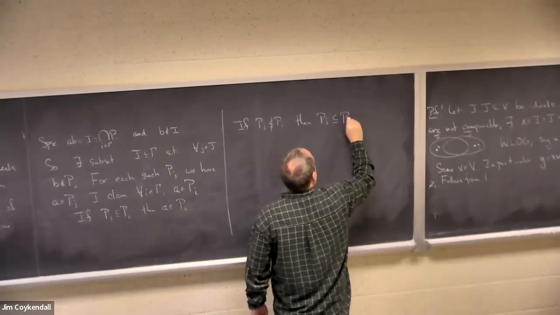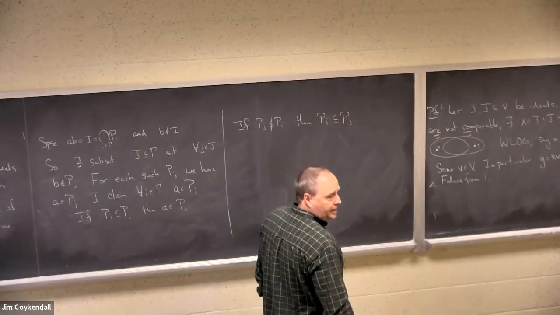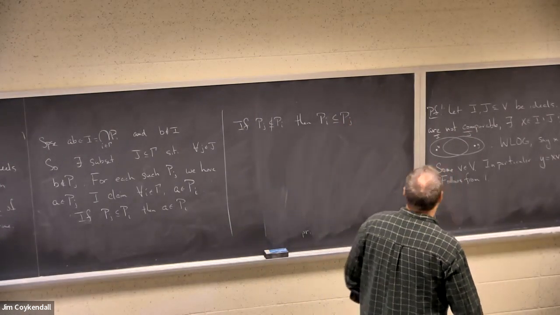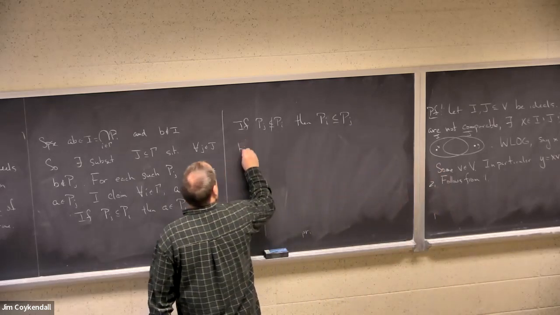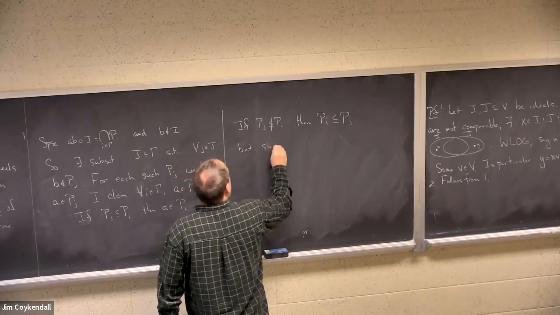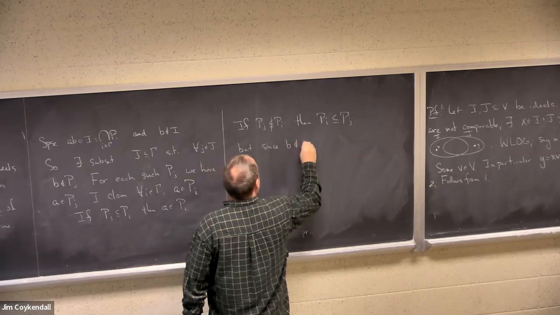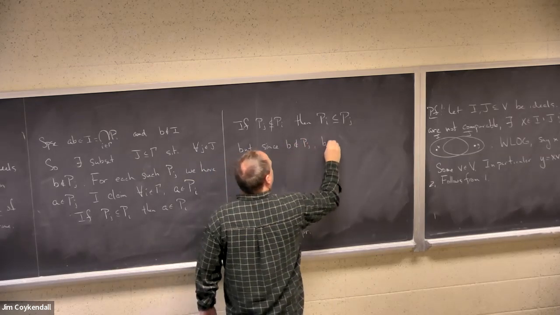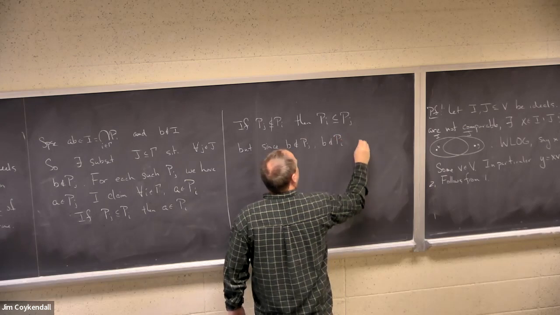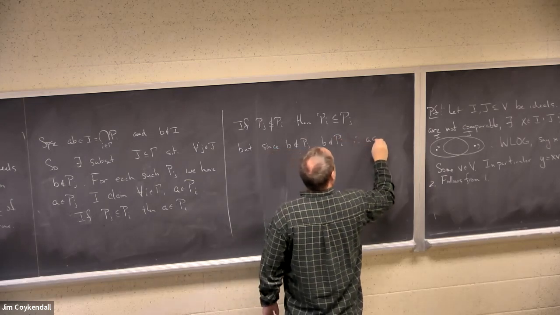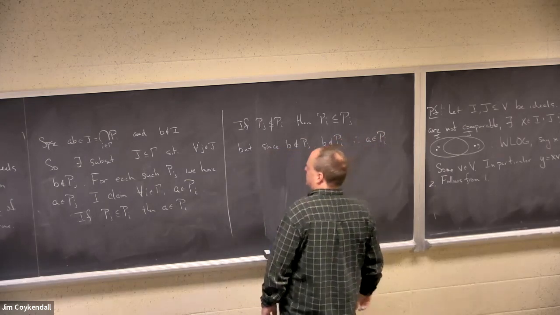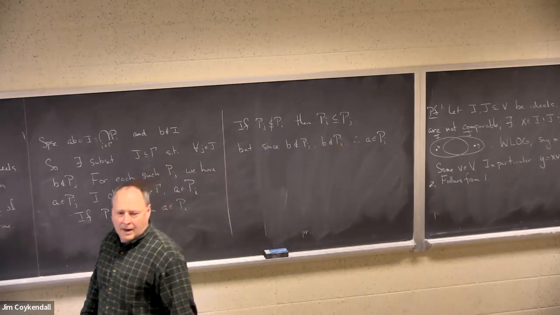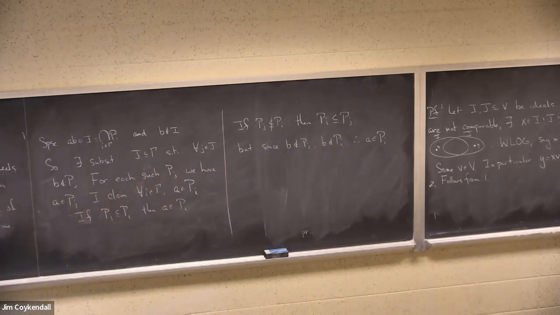It's contained in P_J. But B is not in P_J, not in P_I. And that establishes it. So if you have an intersection of a chain of primes, it's a prime.